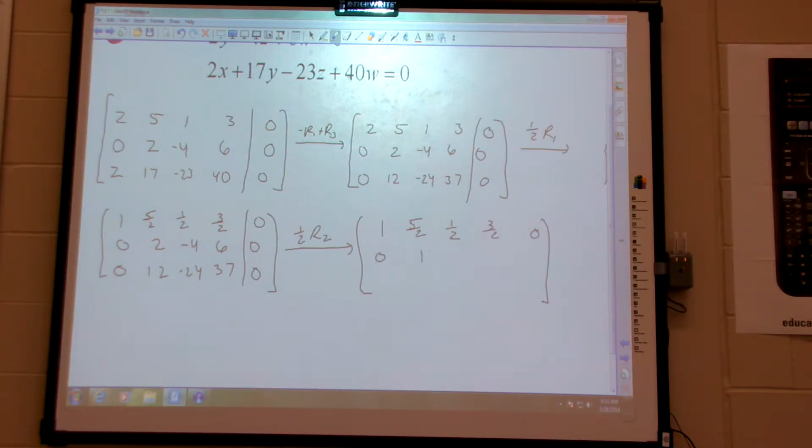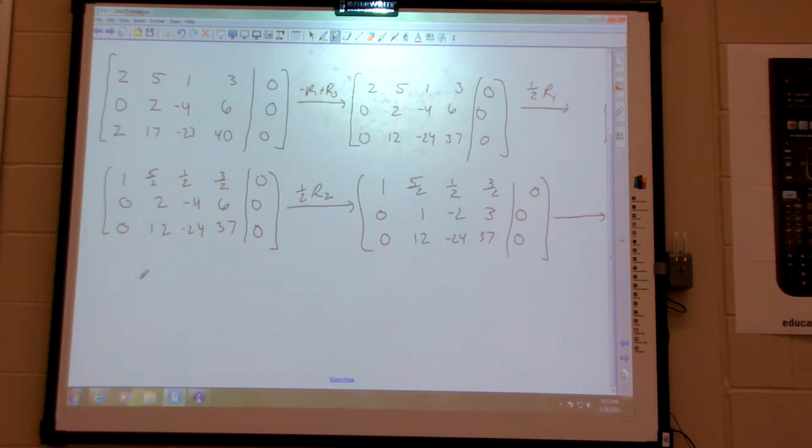There's 0, 1, negative 2, 3, 0. It's not pretty. Well, let's work on making that 12 be a 0. What do I have to do there?